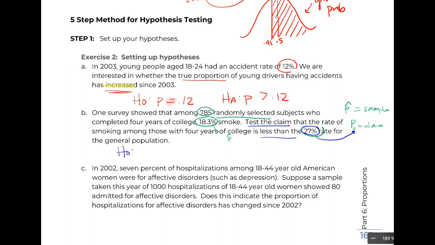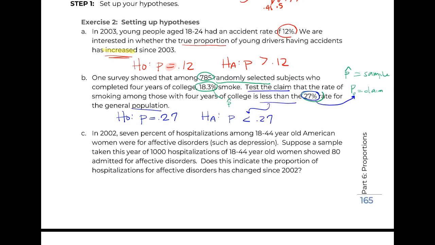So our null is going to be that it is just equal to the 0.27 rate in the general population, and it even says population here, our general population. And our alternative is that it is less than that 0.27. So that's how that one is a little more tricky. Again, that 18.3% is never going to show up anywhere in the hypotheses. It'll come into play in our second step.